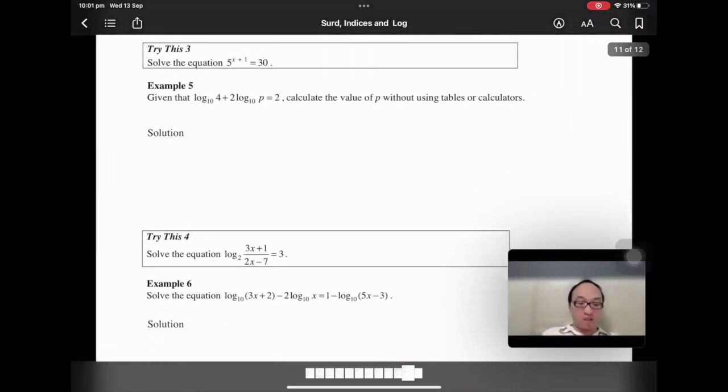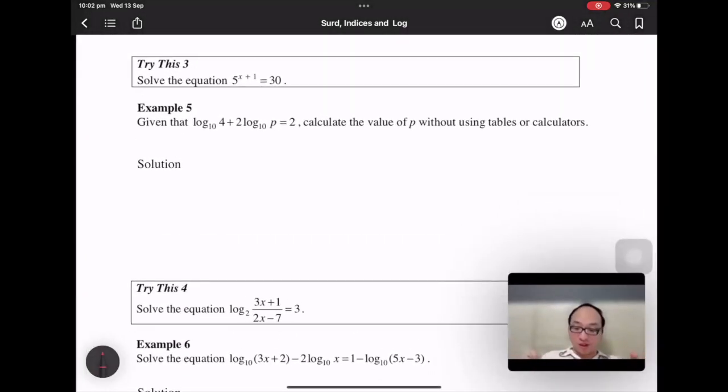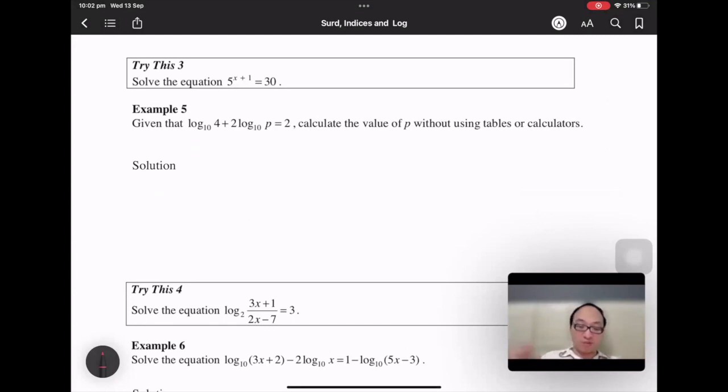And then for example 5, we can calculate the value of p. So we see here the logs have the same base already, but we cannot combine because we have 2 here. So we have to remove the 2. So this is log 10 4 plus the 2 can be carried into the power. So it's log 10 of p squared equals 2. So we have the same base.